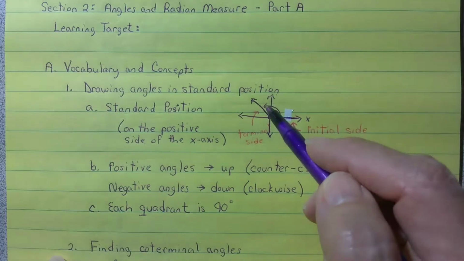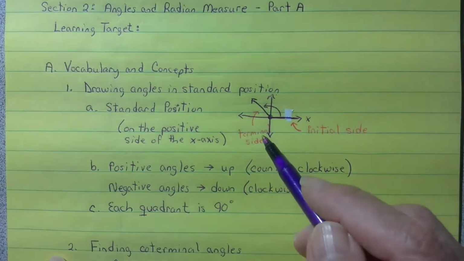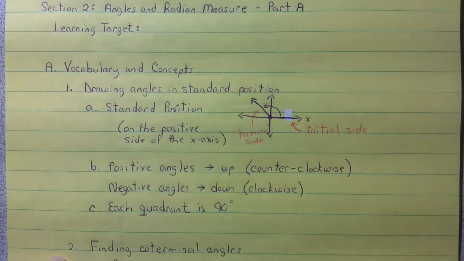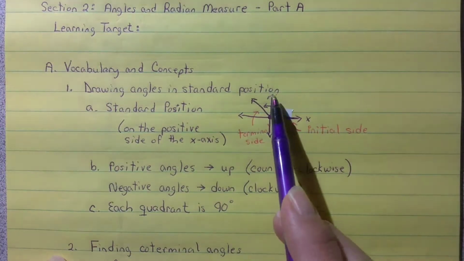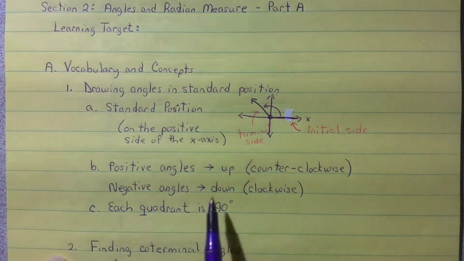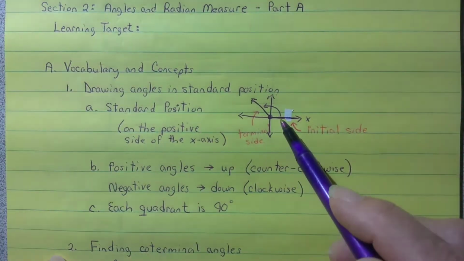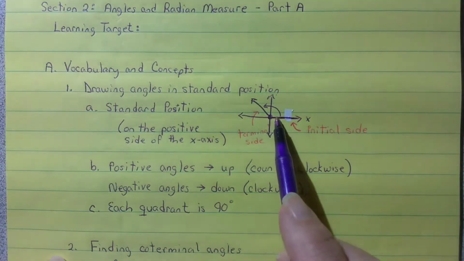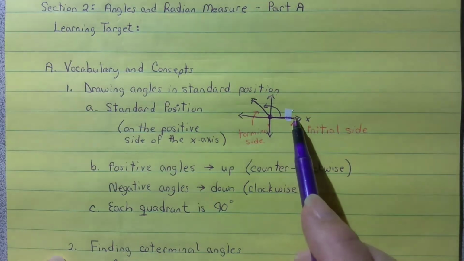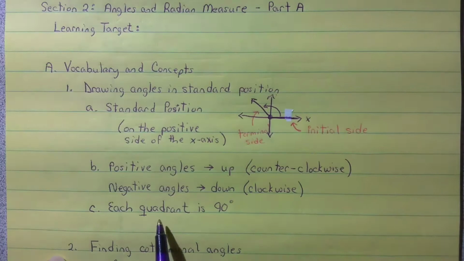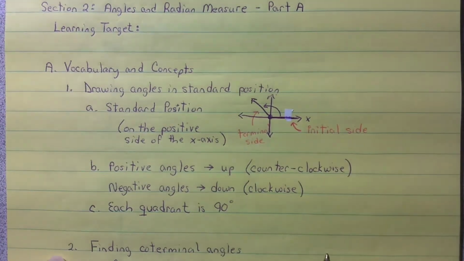And wherever your angle stops, that is called the terminal side. Again, positive angles go up, which is counterclockwise, backwards on the clock. Negative angles go down, which would be clockwise, but they have to start from the initial side. The initial side in standard position is always this spot right here. Please remember each quadrant is 90 degrees.